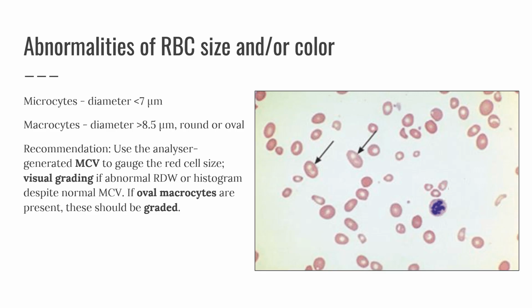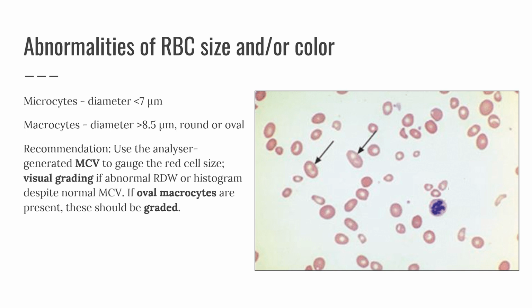Microcytes measure less than 7 microns in diameter, and macrocytes measure more than 8.5 microns in diameter. You will also be clued into the presence of microcytes or macrocytes if your MCV is either less than 80 or more than 100 fL, respectively. However, patient age should be taken into consideration, as the red cells of neonates and newborns are larger than those of the adults, and red cells of healthy children are smaller than those of adults.